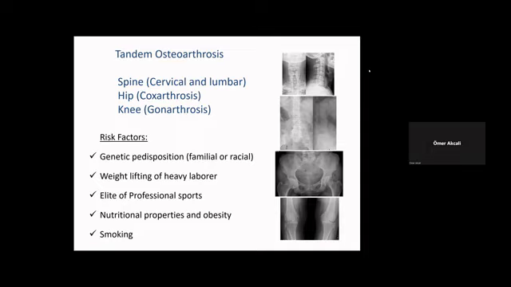Hip and knee arthrosis are commonly seen with degenerative spine disorders. There are some risk factors for tandem arthrosis, such as genetic predisposition, weightlifting or heavy labor, elite athletes, obesity, some strict diets, and smoking.